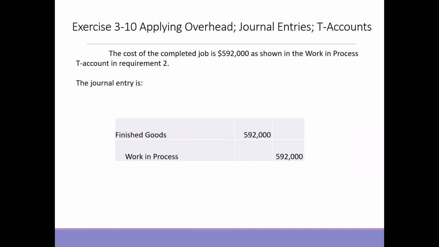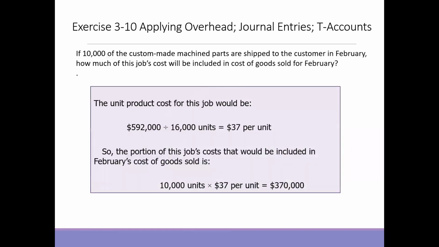The cost of the completed job is 592,000 as shown in the work in process. The journal would be debit to finished goods, credit to the work in process. If 10,000 of the custom-made parts are shipped to customers in February, how much of this job's cost will be included in cost of goods sold?